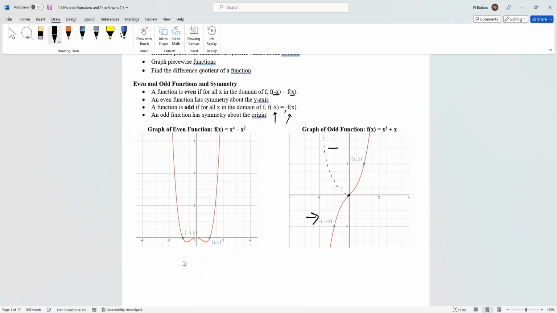And then I flipped it across that axis. So I'm flipping it this way first, and then this way second. Then that would give me this piece. Okay, so that's even versus odd.